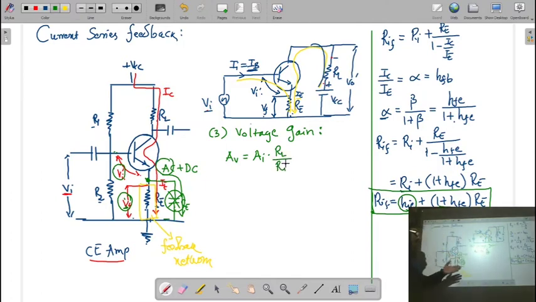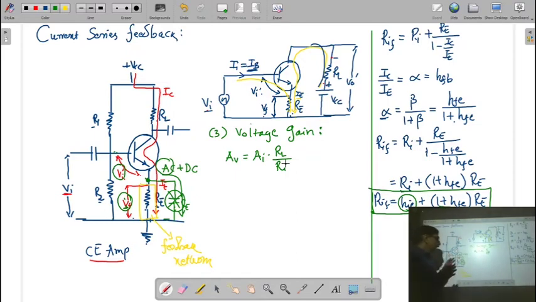Remember, this formula you have already learned in 12th standard. So, the voltage gain is the product of the current gain into the load resistance divided by the input resistance of the amplifier. We are not going to derive this here. Already you have learned this.